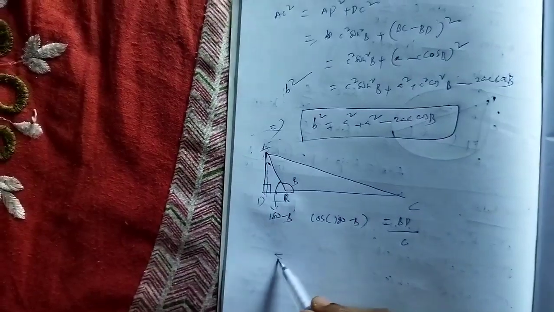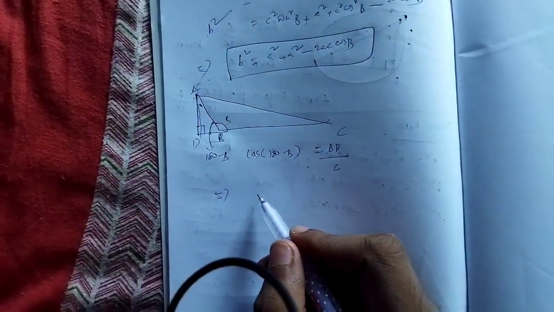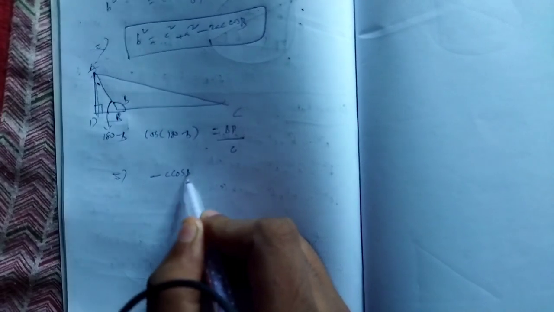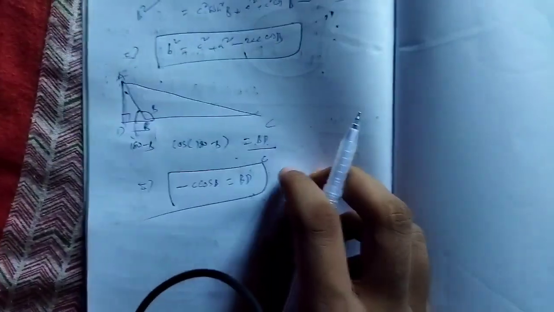AB is nothing but c. Cos 180 minus B is minus cos B. So this will be c cos B equal to BD, right?